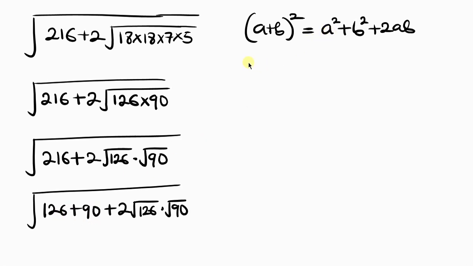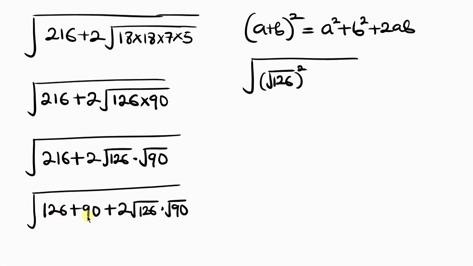So this expression now becomes the square root of, now 126 is same as the square root of 126 squared. The reason is because the square can cancel off the square root, leaving just 126 to be the same as this.